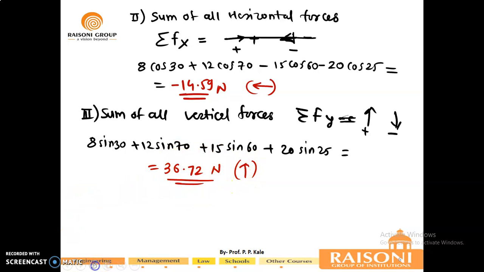Now in the next step, as you have your sum of Fx and sum of Fy like this, this shows that your resultant will be lying in the second quadrant.